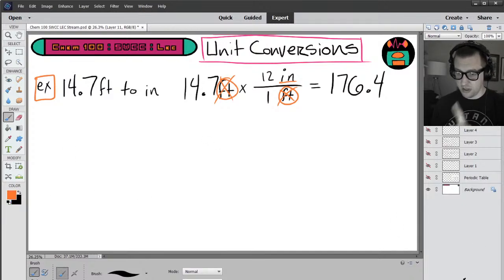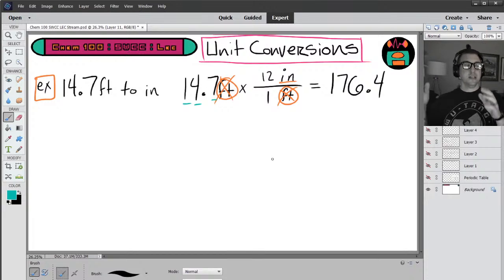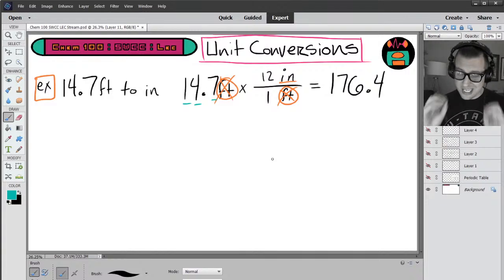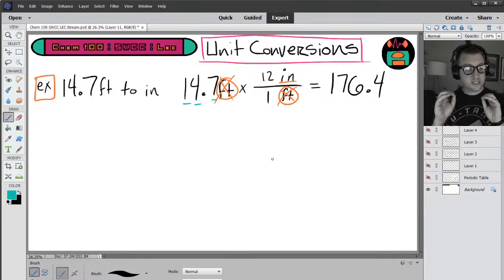To answer that question, you have to look at the number of sig figs in your original measurement. 14.7 has 3 sig figs. I don't look at my unit conversion because inches and feet are part of the same system of measurement. They weren't measured. It's defined that 12 inches are equal to 1 foot. So those two numbers in the unit conversion don't have sig figs because they're part of the English system.